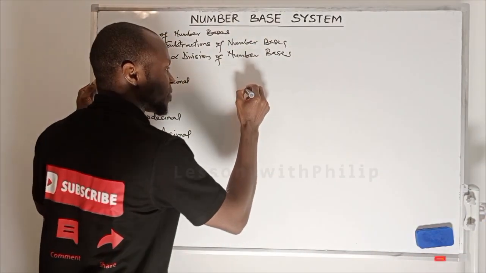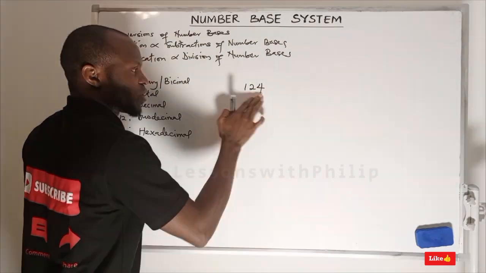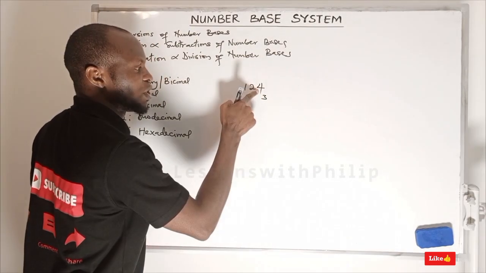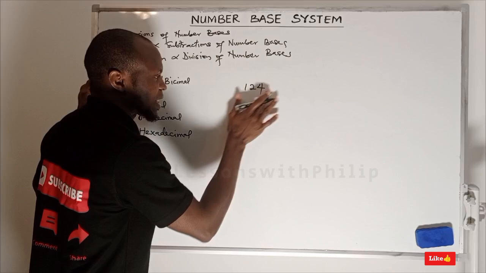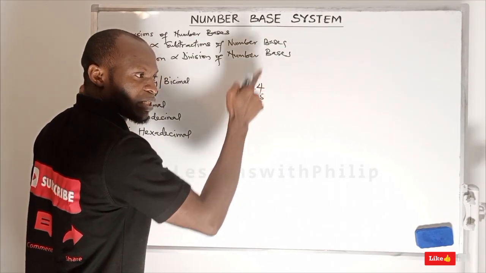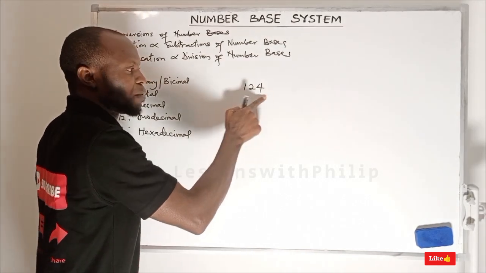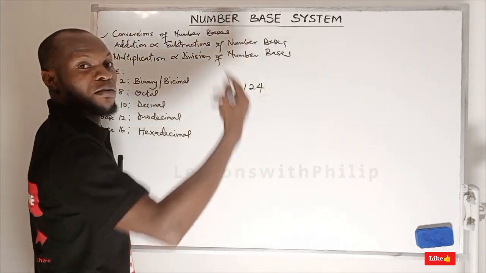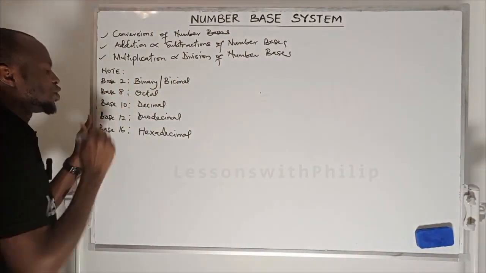For example, if I write 1, 2, 4, the base of this number cannot be base 3 because there is a digit that is more than the base. This number cannot be base 1, 2, 3, or 4. It can only be from base 5 upward. That's the first thing you need to take note of.